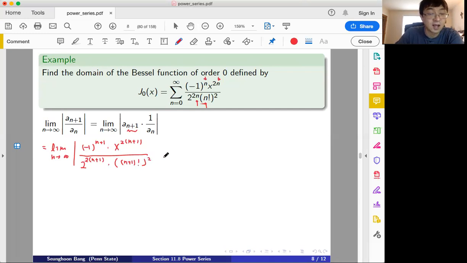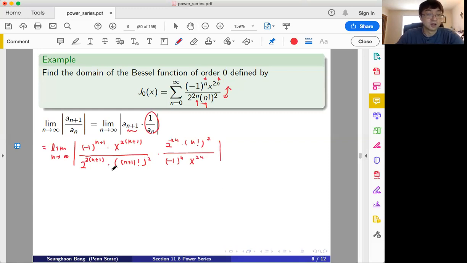This is multiplied by the reciprocal of the n-th term. What's the reciprocal? Only flip numerator and denominator. So 2^(2n) times n factorial squared over (-1)^n x^(2n). So like this.